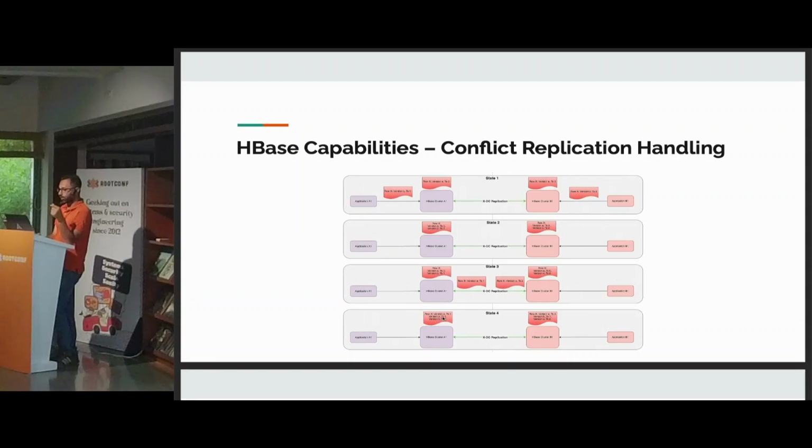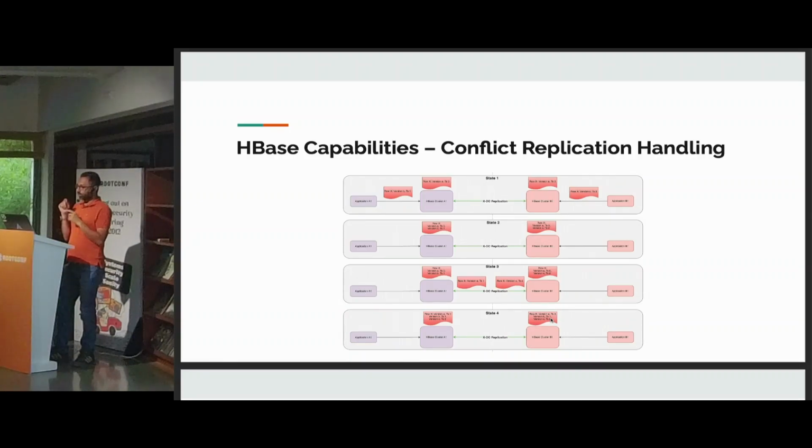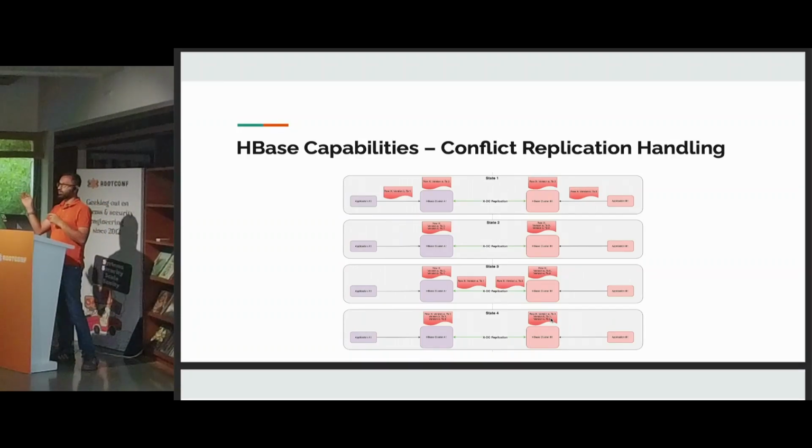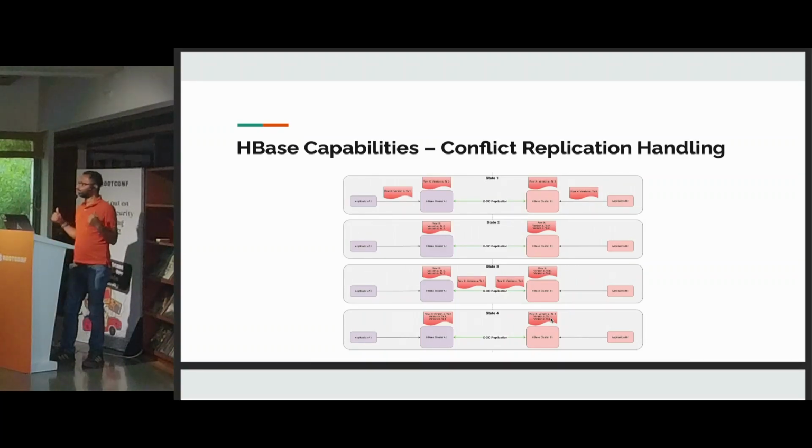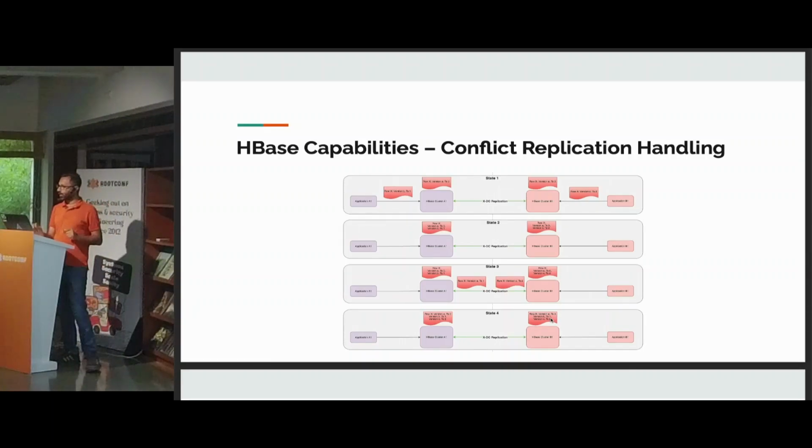Eventually you see that row X has version A at time T0, version B at time T1, version C at time T2, and on cluster B you see the same order. At this time, if you query, whatever the latest timestamp is is considered the latest version, and it's going to give the same result on both. That's where it is eventually consistent.